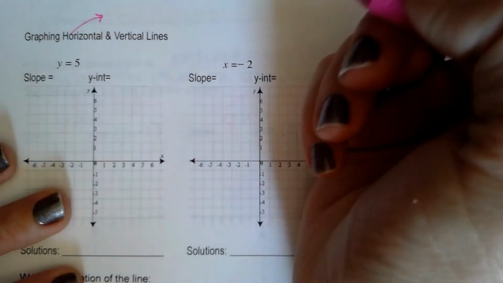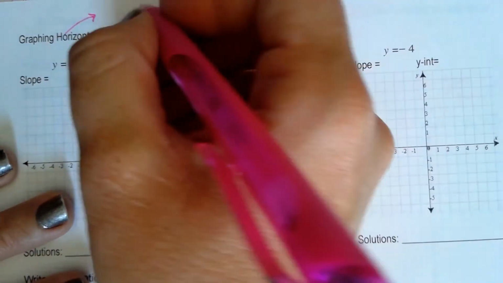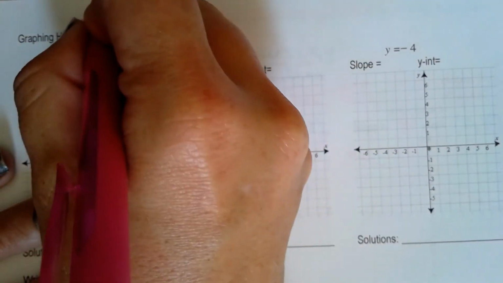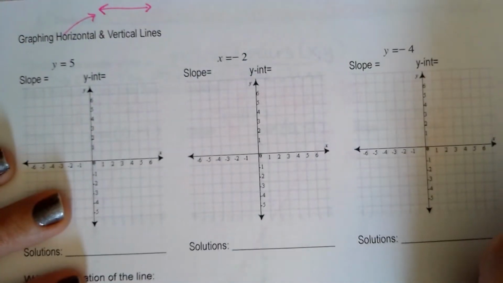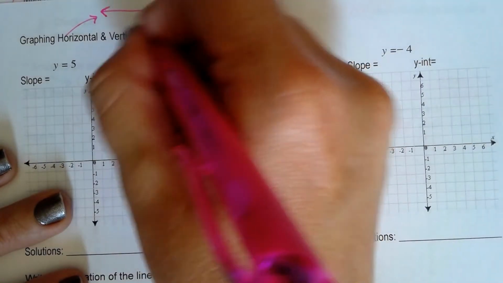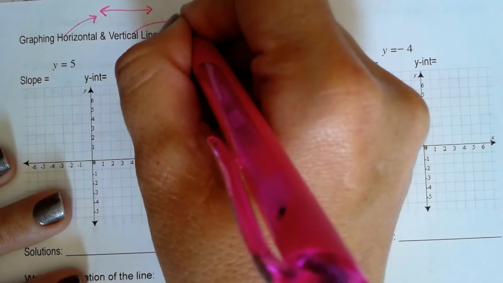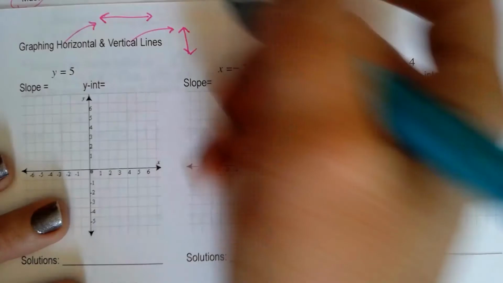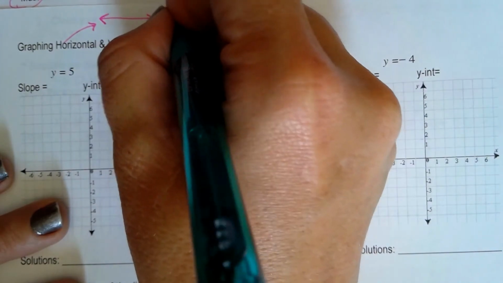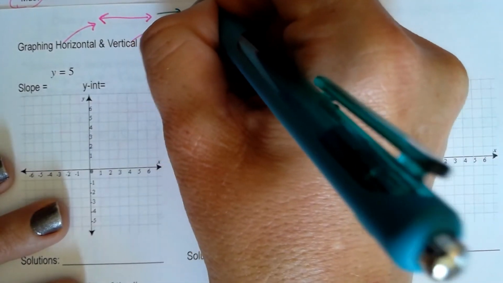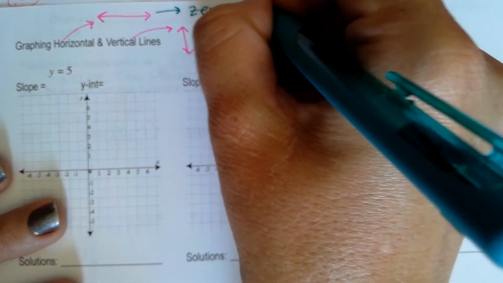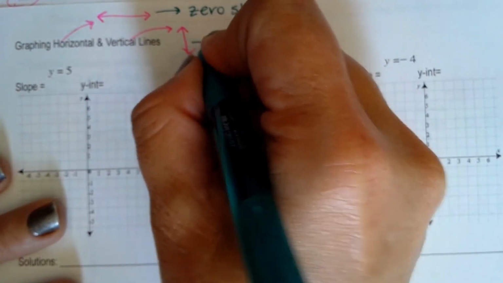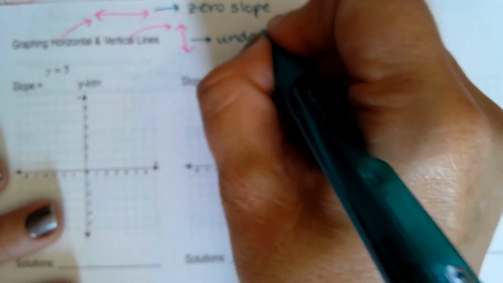So a horizontal line is going to be horizontal is like this, okay? Vertical is like this, all right? So this one is going to have a 0 slope. This one is going to have an undefined slope.